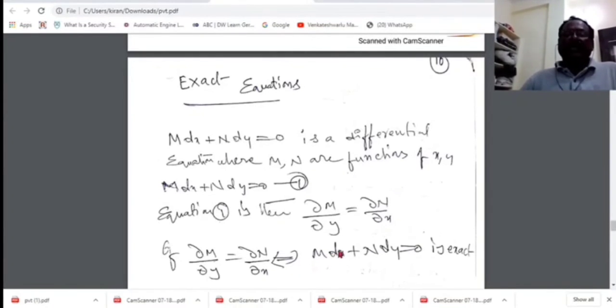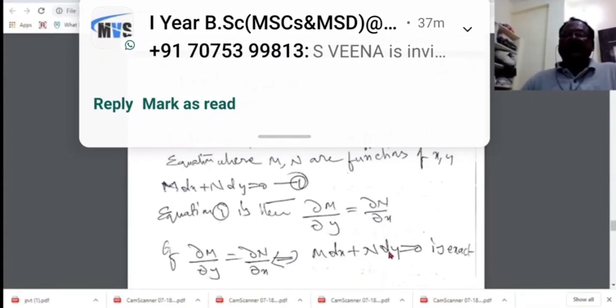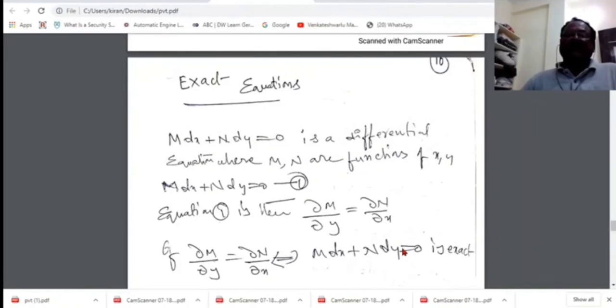So M dx plus N dy equal to 0 is exact if and only if ∂M/∂y is equal to ∂N/∂x. Here M and N are functions of x, y.